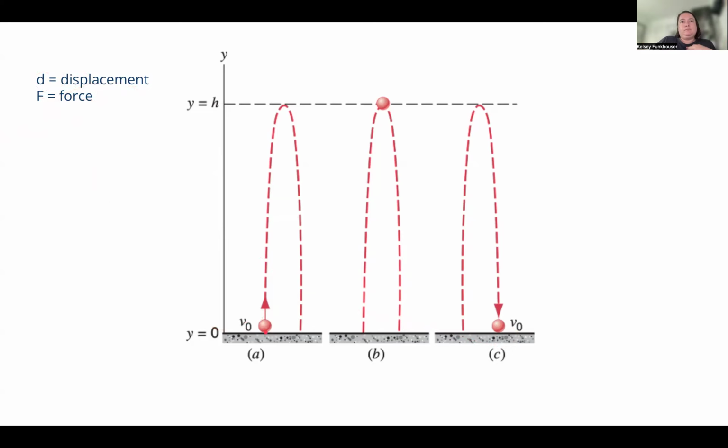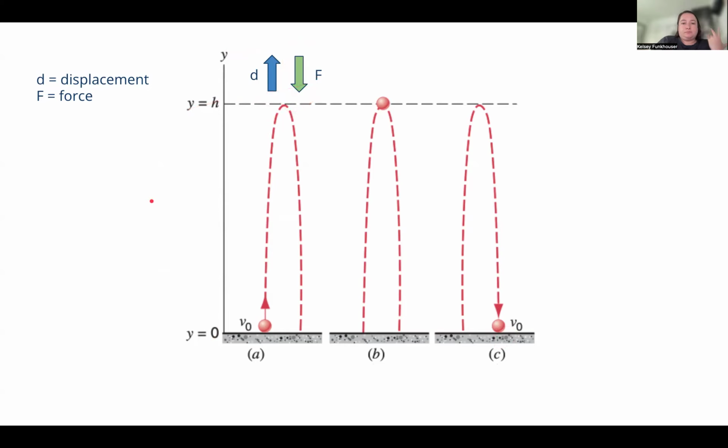So starting out, we have an initial velocity and we are going up. So the displacement is pointing up because that's the direction the object's moving, but the force we're looking at here is the weight force, or the gravitational force. That always points down. So the displacement is pointing up here, but the force is pointing down.